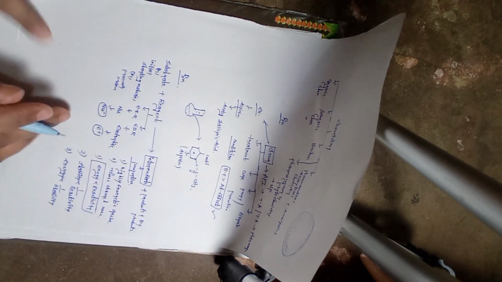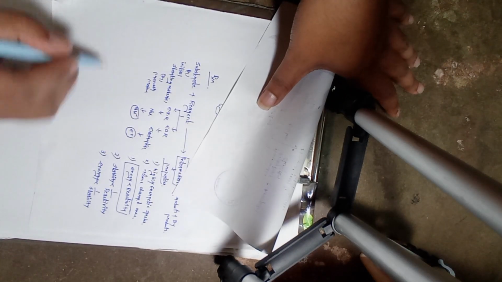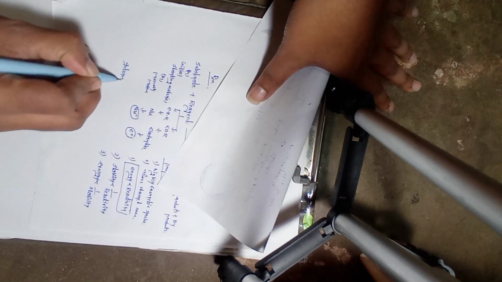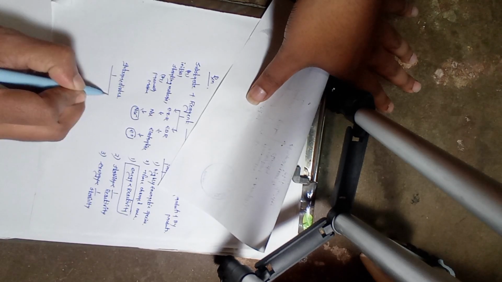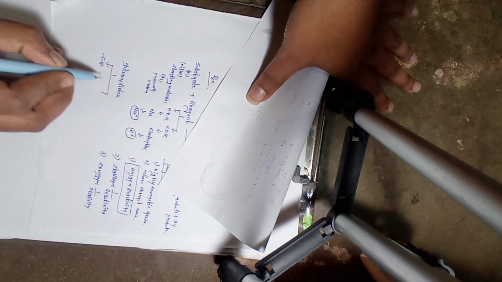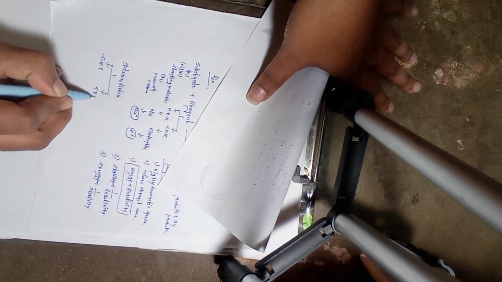Coming to intermediates, they will be categorized into two types. First is electron rich intermediates as well as electron deficient intermediates.